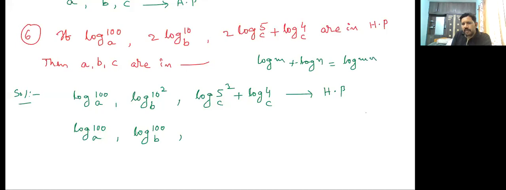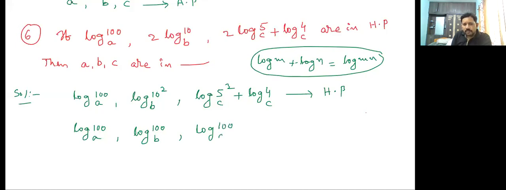Log mn. This is the formula. Now use that. Logarithm of 5 square means 25. 25 fours are 100 to the base C. This is HP. Write the reciprocal.